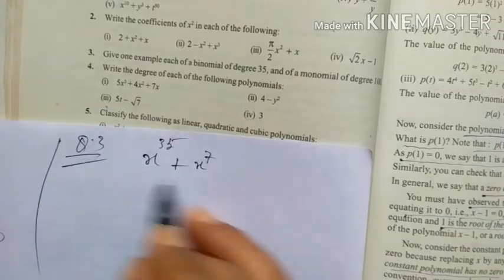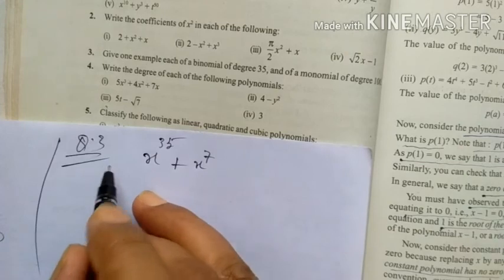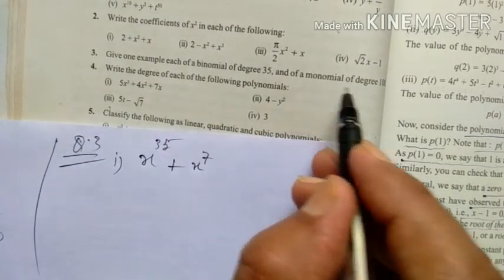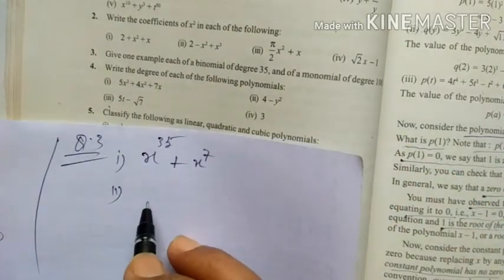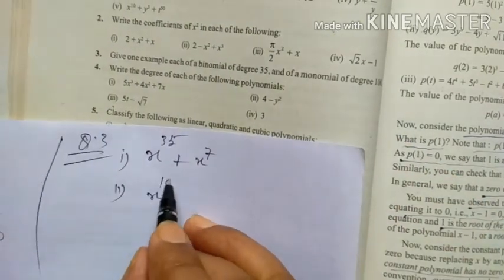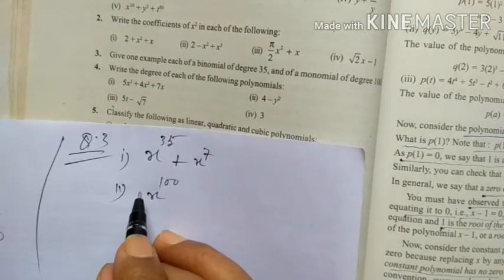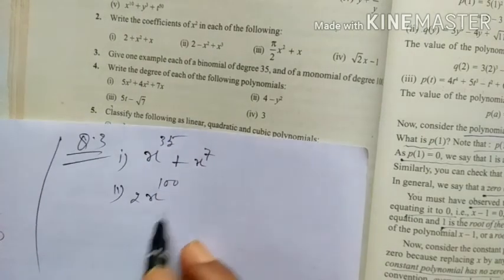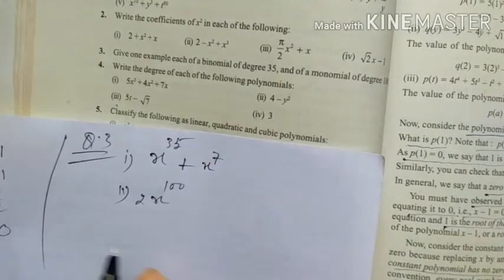There will be so many examples for these binomials whose degree is 35. And second part is monomial of degree 100. Monomial of degree 100 means x power 100 or y power 100. There is only one term, or 2x power 100. There will be so many examples for this.